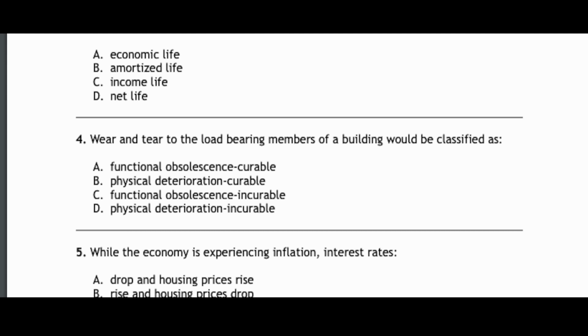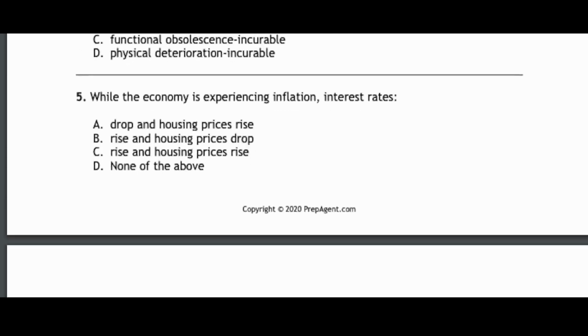The answer is D, physical deterioration, which is considered incurable. Physical damage to the load-bearing members of a building would usually be considered too expensive to repair. If it is too expensive to repair, it is classified as incurable physical deterioration. You might as well just build a new one instead of spending all this money to repair it.